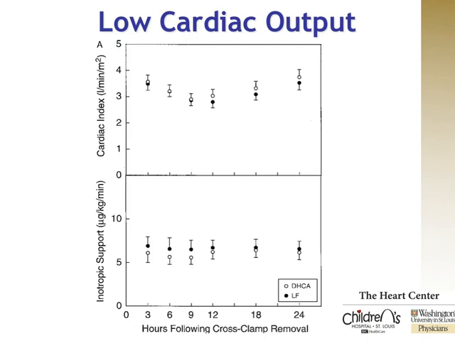It was actually a study designed to compare deep hypothermic circulatory arrest with hypothermic low flow. But one of the interesting things about this study was that all of the patients had the ability to measure cardiac output postoperatively. They all had right atrial and pulmonary artery catheters placed, and thermodilution cardiac outputs were able to be obtained on these kids postoperatively.